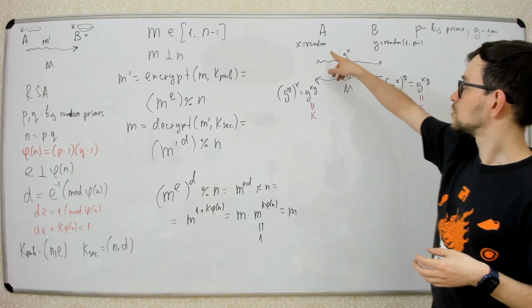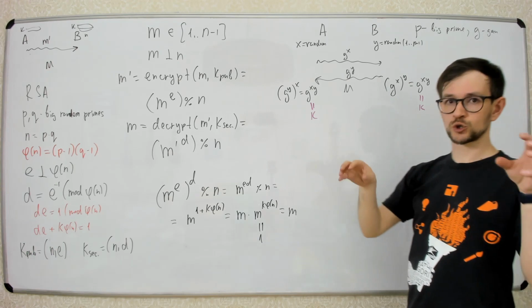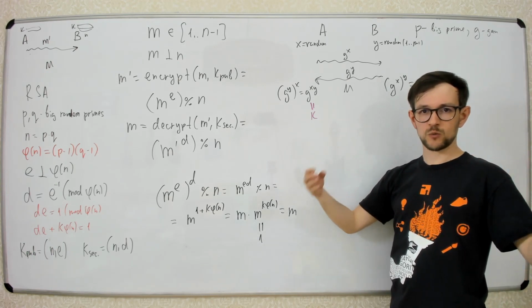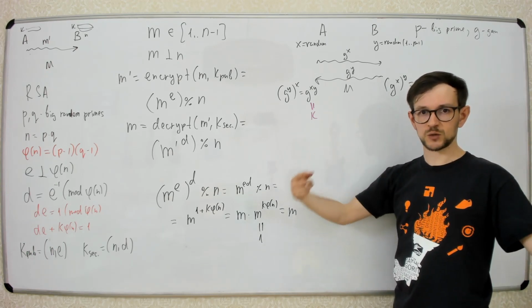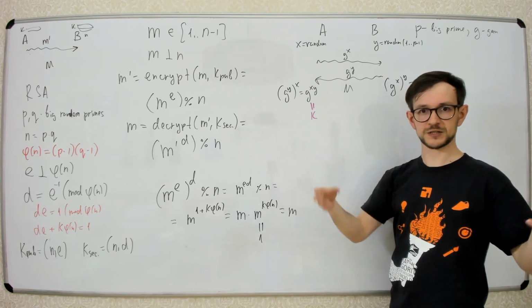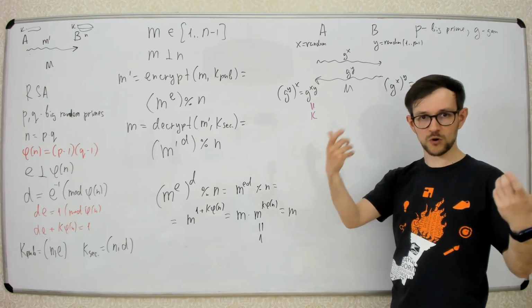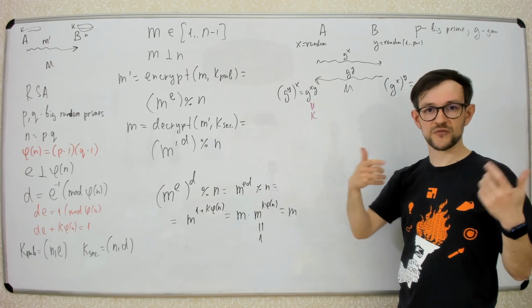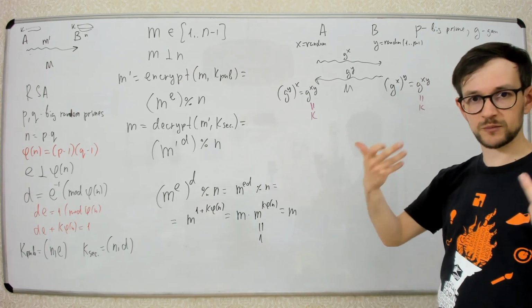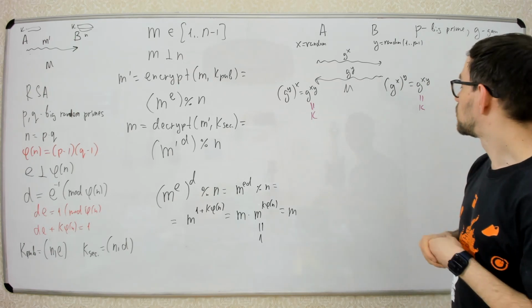It's like a handshake, right? They want to share this key, they just send one message each, and once they get these messages, they both have the shared key. So it's a very fast way for two partners to get the same shared key.